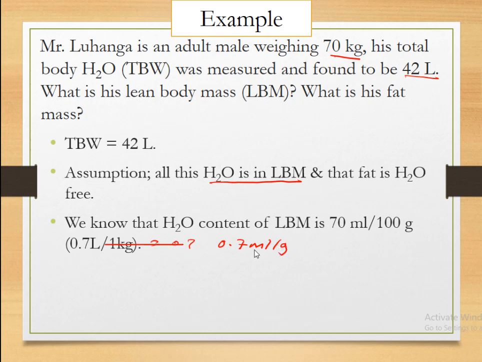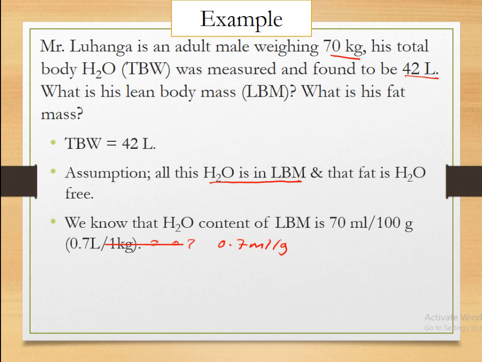So the aspect is that milliliter, when changing it to liters, it is 1000. Gram, when changing it to kilogram, it is still 1000. So the 1000, they are going to cancel each other. So it's just one and the same.